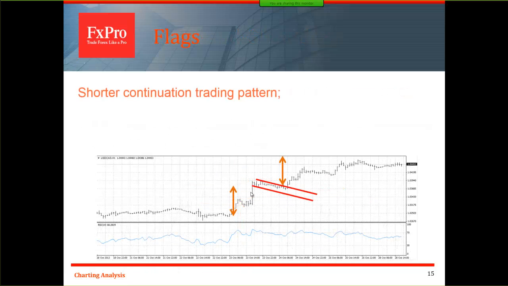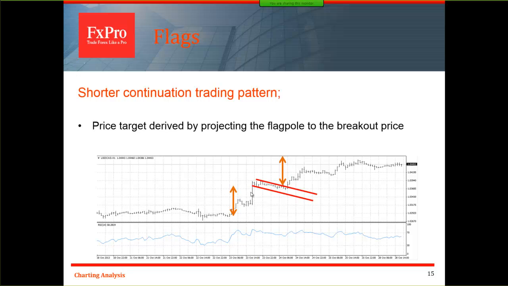Now let's move on to some shorter continuation trading patterns. Probably one of the most reliable ones are flags. Again, they're fairly reliable in terms of the price target. The price target here is derived by projecting the flag pole to the breakout price.